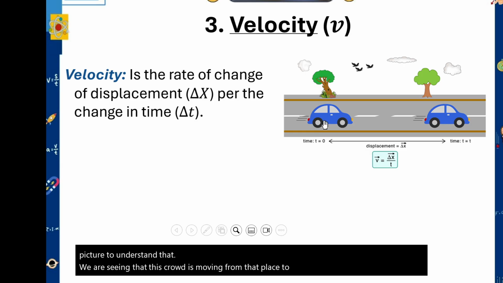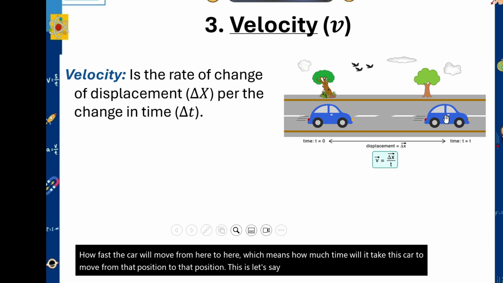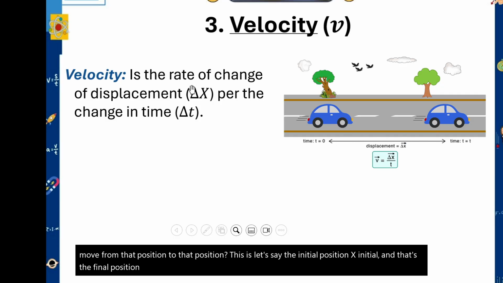If we start measuring how fast the car moves, it means how much time it takes this car to move from that position to that position. This is the initial position x initial, and that's the final position x final. So delta x is x final minus x initial.